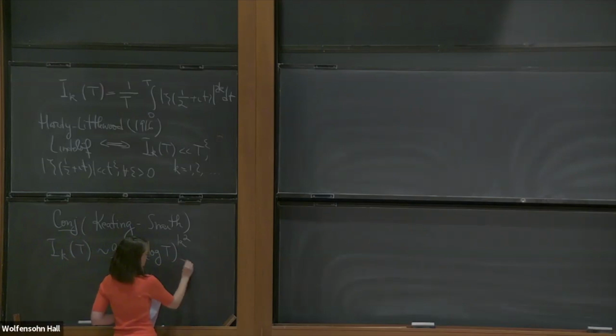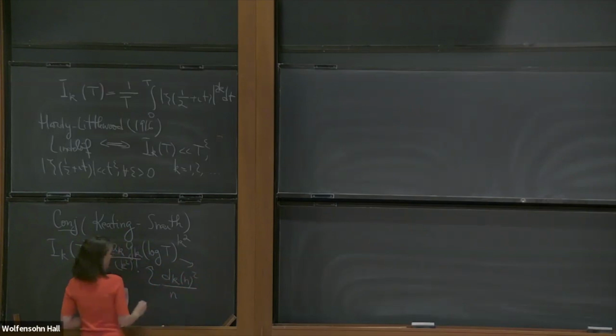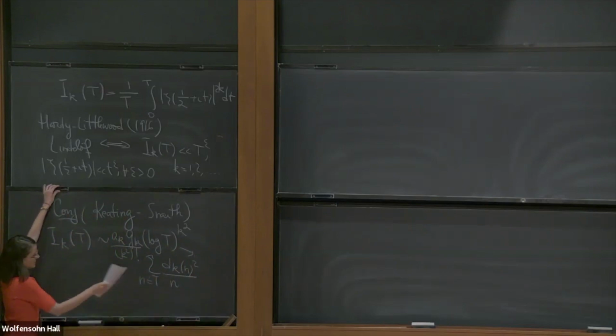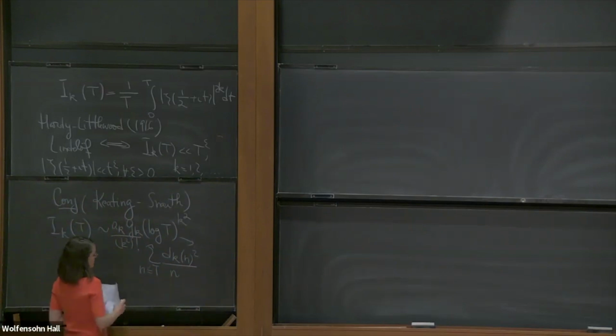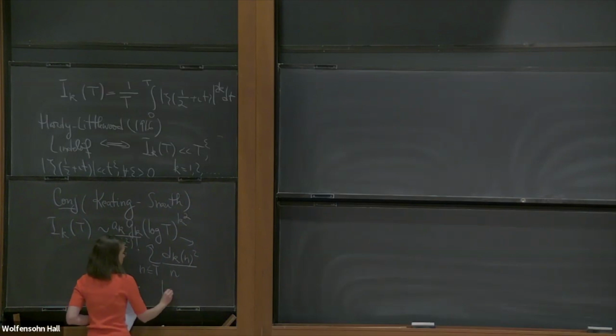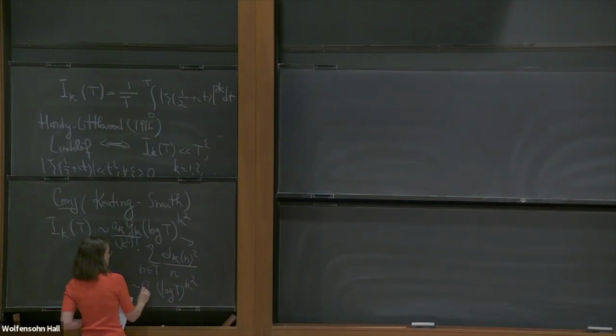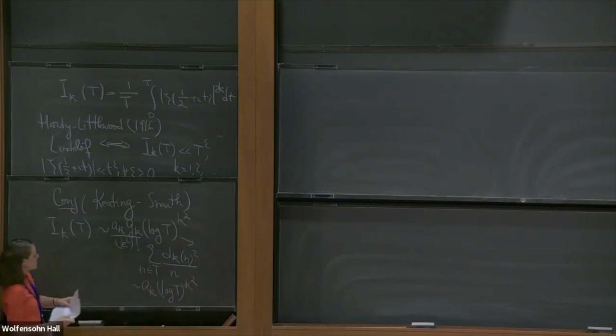If we look at diagonal terms, this would be the sum of d_k(n)^2 divided by n, say n goes up to T. We get that this is asymptotic to (log T)^(k^2) times some arithmetic factor a_k, which is exactly the a_k that is conjectured here. This is just given in terms of an Euler product.